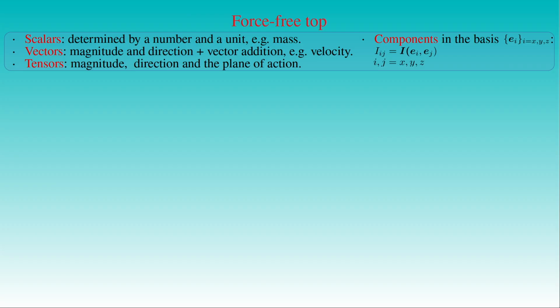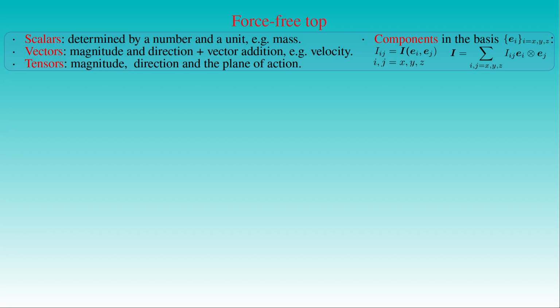As a result, the basis expansion of the symmetric second-order tensor I can be written as the sum of the matrix elements I_ij times the tensor product of the basis vectors e_i and e_j, where the indices i and j run through the coordinates x, y, and z, and the basis expansion of the tensor provides the symmetric matrix representation of the tensor which is applied in computations involving the tensor.